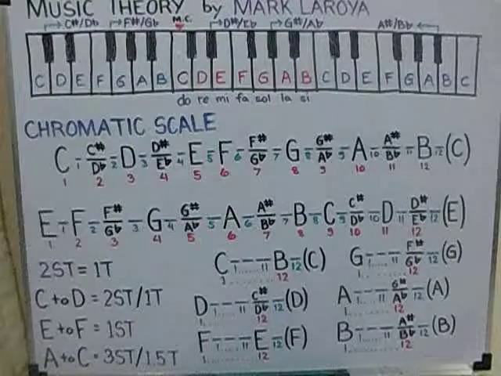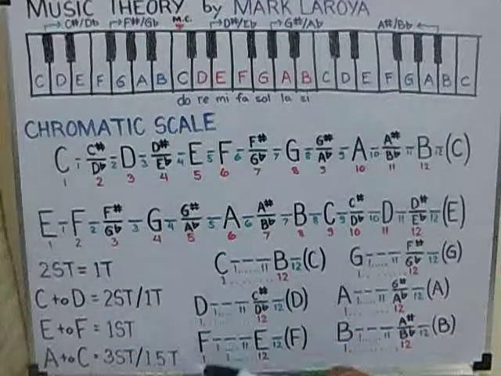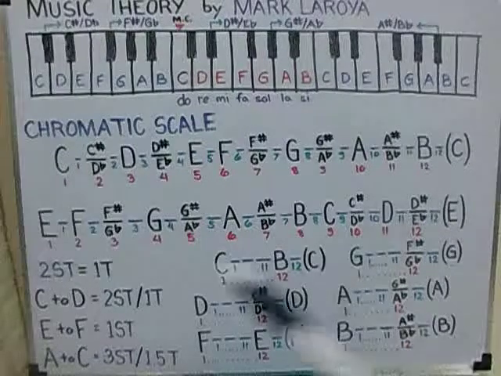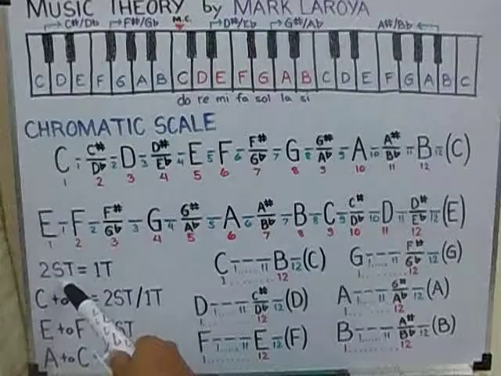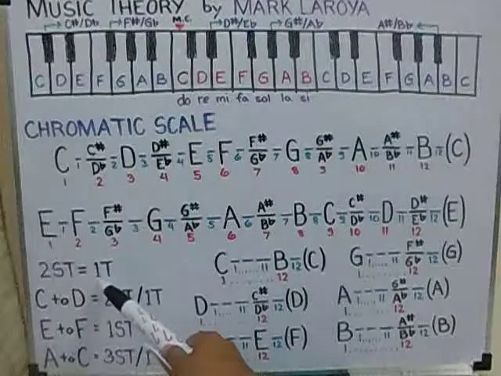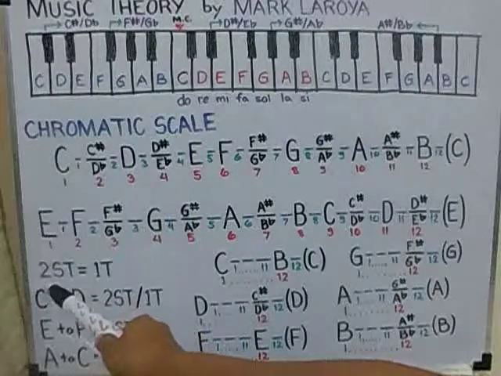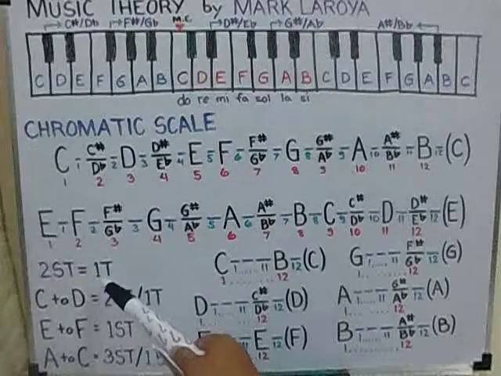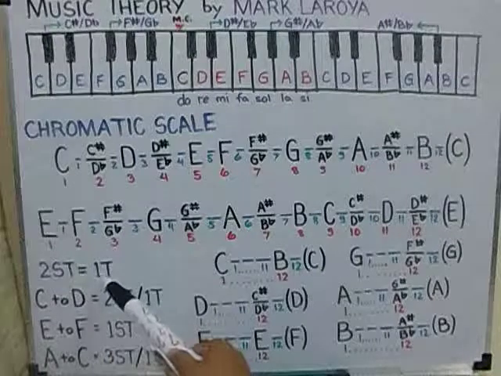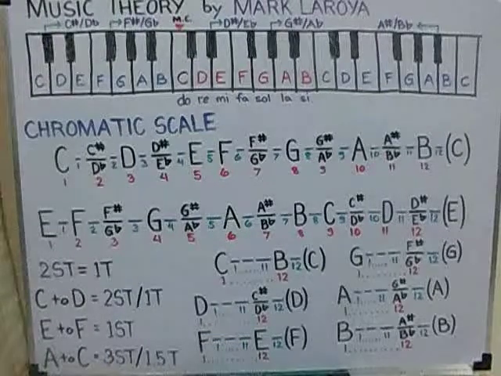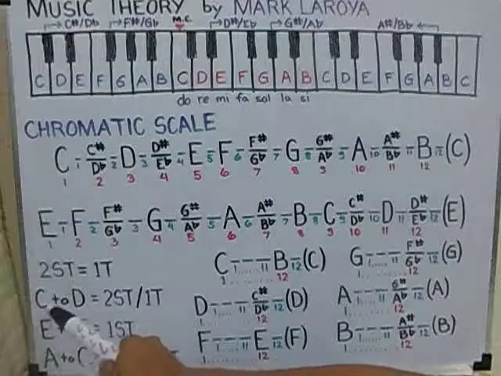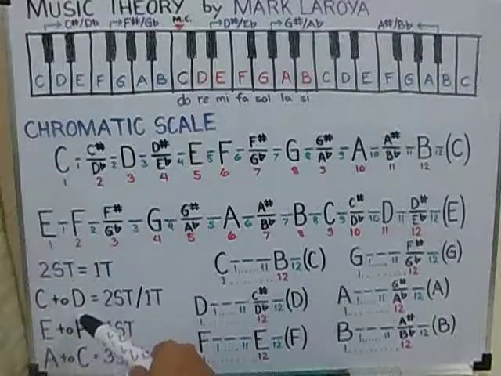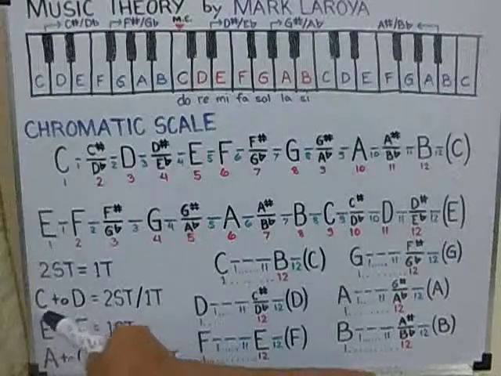Okay, now moving on to this, we said in our previous lesson that 2 semitones is equal to 1 tone, because a semitone is half of a whole tone. So 2 semitones equals 1 tone. Now, from C to D, how many semitones do we have?